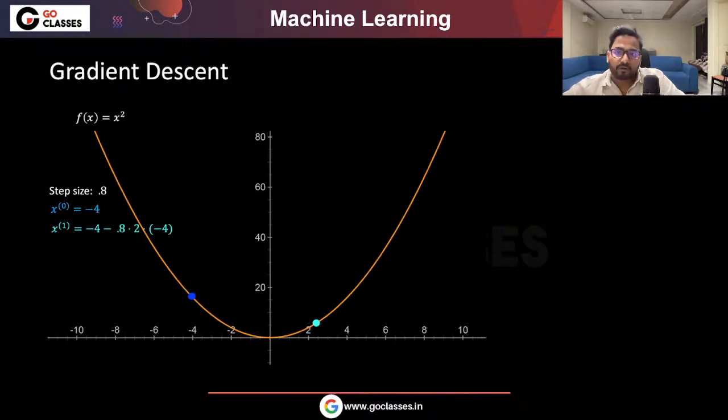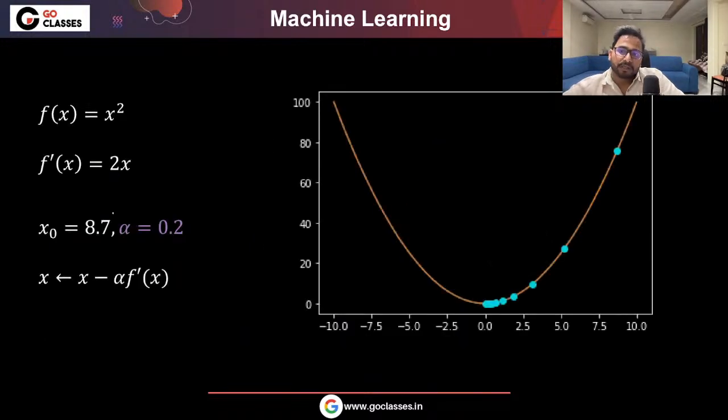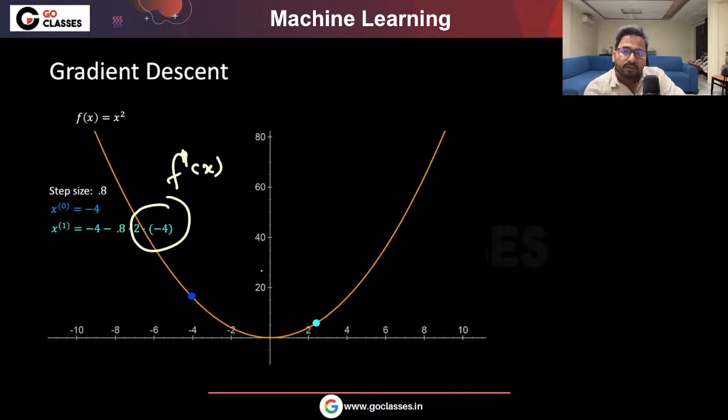This is the 2. This is f dash x, this complete thing is f dash x. This is f. So basically your new point, if you do this, you will be getting some new point, which will be minus 4 plus 0.64, which means you are going to the right. You can continue this.